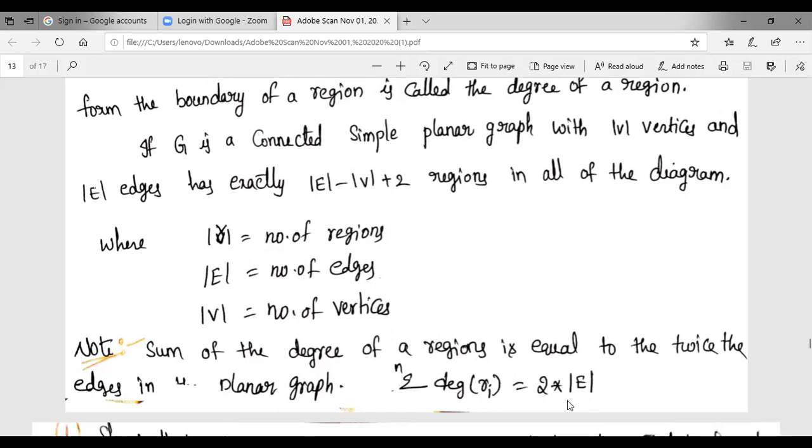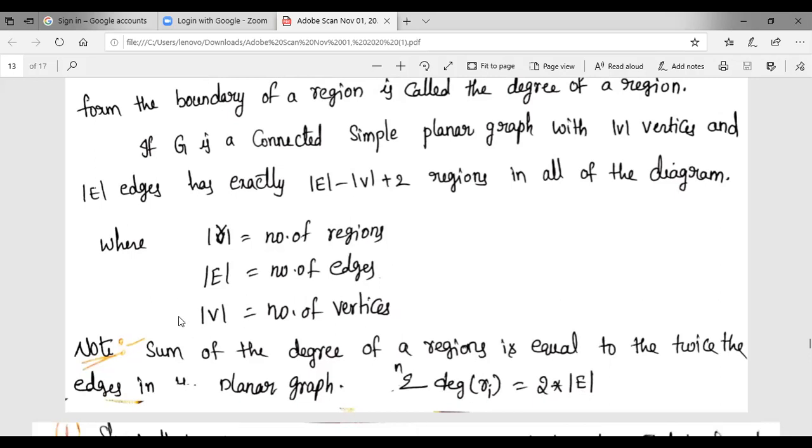This is another formula. So to find the regions of the given planar graph: number of edges minus number of vertices plus 2.